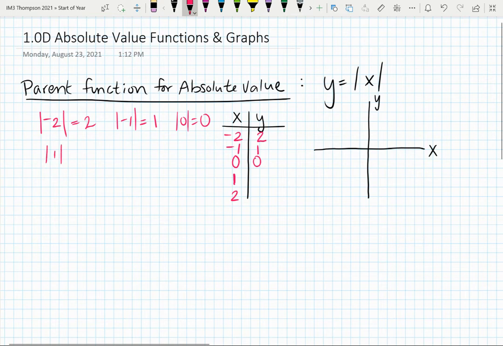The absolute value of 1 is 1. And the absolute value of 2 is 2. This provides me with some symmetry in the graph, because whether I plug in -2 or +2, I get out a +2 as my output.